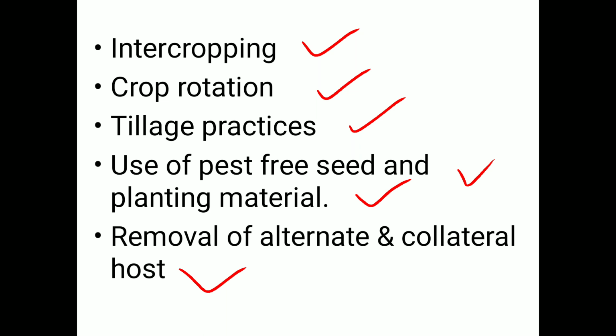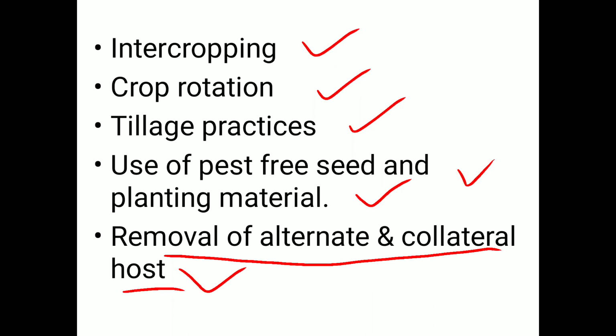For example, in case of sugarcane, we have to use tissue culture planting material to avoid the spread of diseases. Next, the last one, is removal of alternate and collateral host.